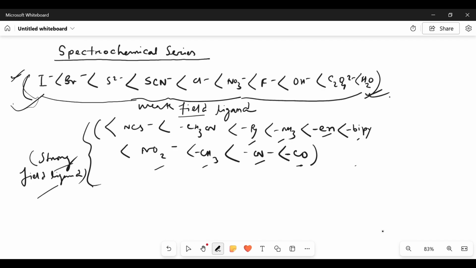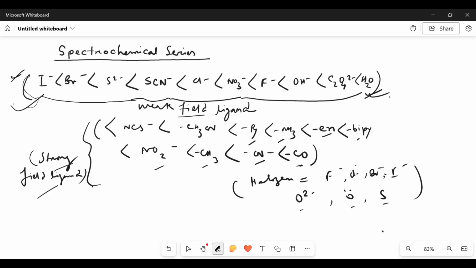If the donor atom is halogen, that means fluoride, chloride, bromide, and iodide all, oxygen, that means it is in oxide form or oxygen having a lone pair, and sulfur, then the ligand will be a weak field ligand.